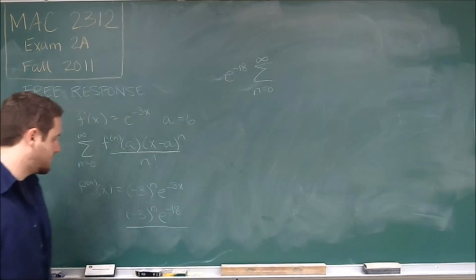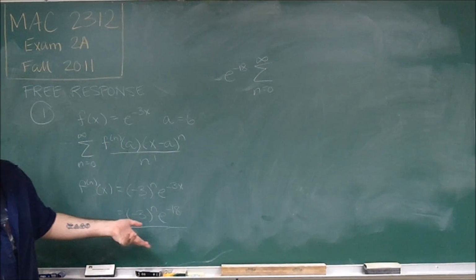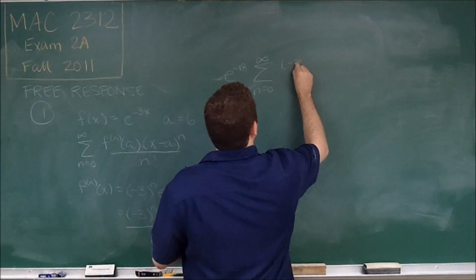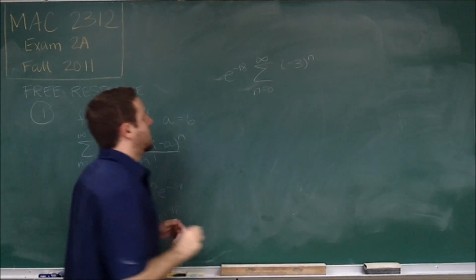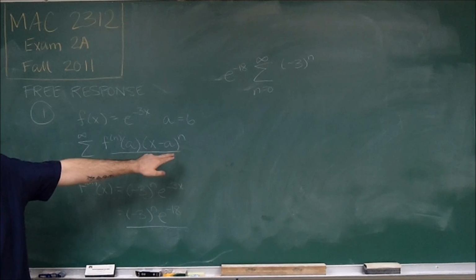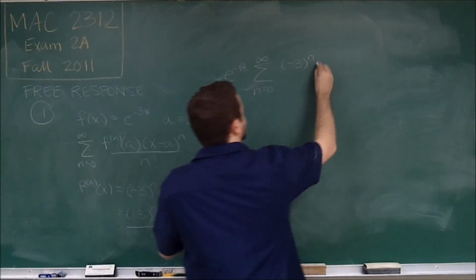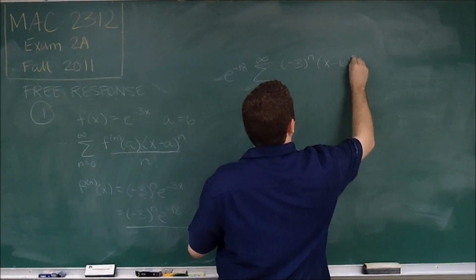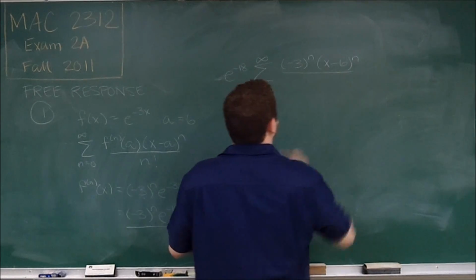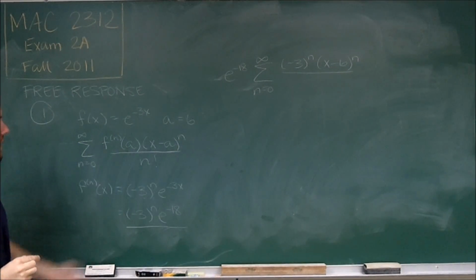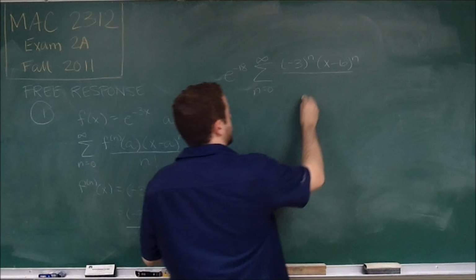We can pull that out, and this just becomes negative 3 to the n. Now also we have x minus a to the n. Our a is 6, so that just becomes x minus 6 to the n. And on the bottom we just have n factorial. That doesn't change anything either.